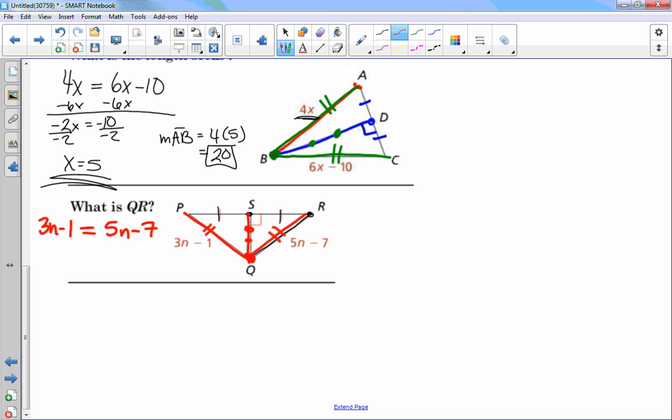Use inverse operations to get n by itself. Good.